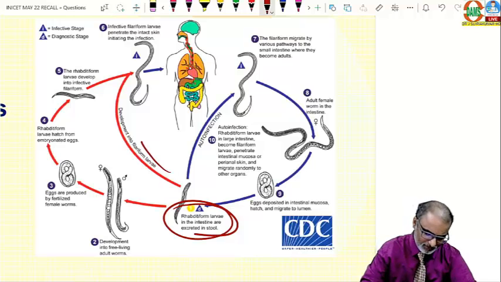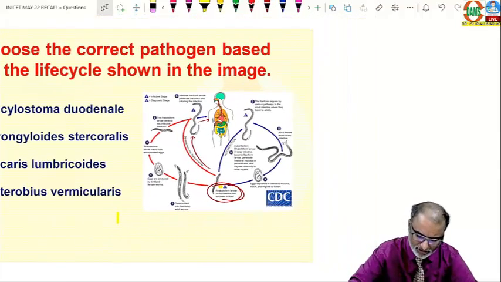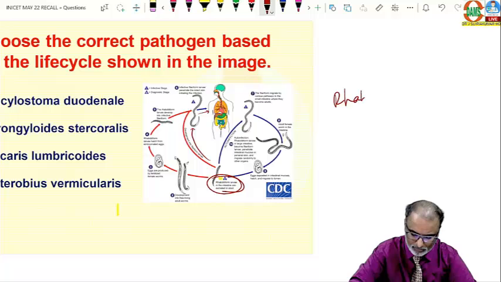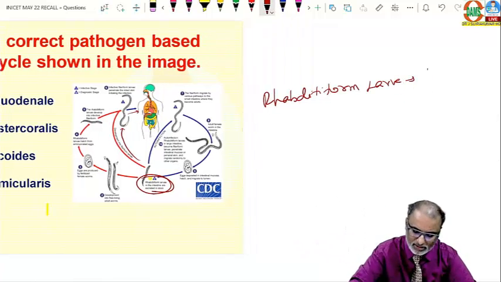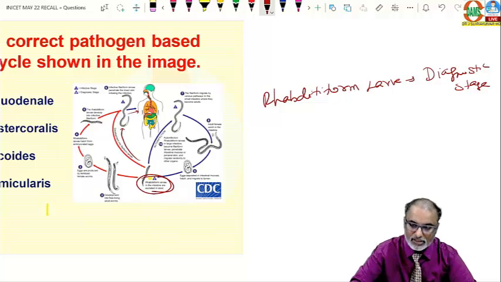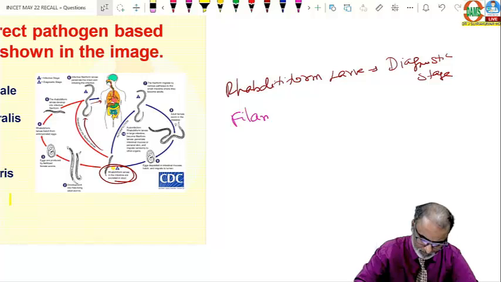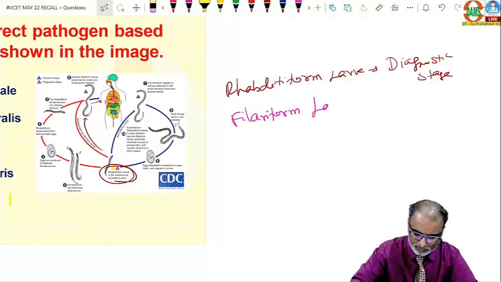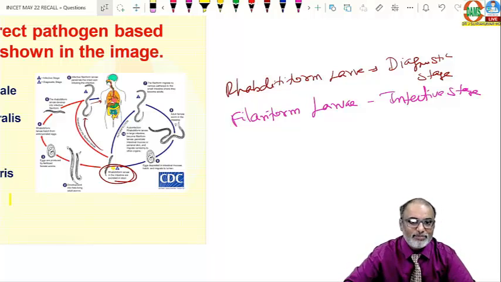These Rhabditiform larvae develop into filariform larvae that penetrate the skin. Rhabditiform larva is the diagnostic stage, and filariform larva is the infective stage. And the mode of transmission is skin penetration.